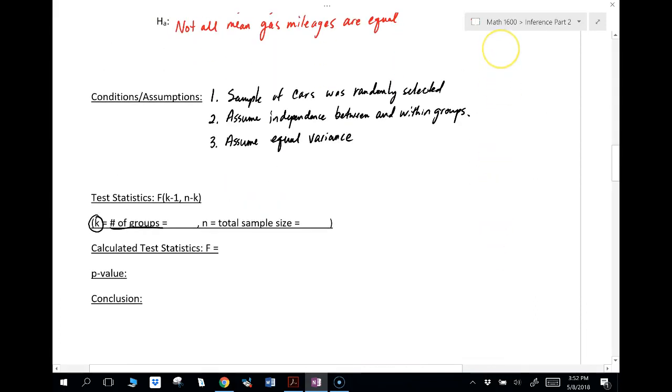Okay. So we're going to put 4 there. And the total sample size, 22. And then our test statistic, if we were looking on a chart, we would have F with 4 minus 1, which is 3. Good math.